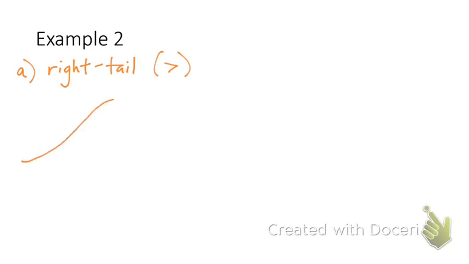So I'm going to draw my normal curve. My mean is always in the middle. And my test statistic is my z-score, so it's probably going to be somewhere around here, 1.23. And if it's a right tail test, I want to find the area to the right.